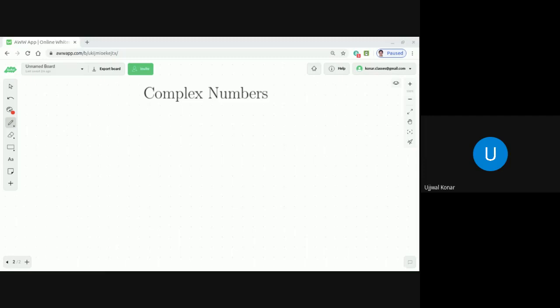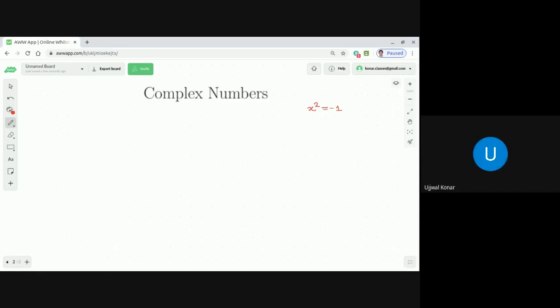Then, if this is the case, what is going to happen if we get an equation something like this? X square equal to minus 1. We know the square of every real number is positive, correct? Then x square equal to minus 1 doesn't belong to the real numbers, because x cannot be a real number, it looks like.